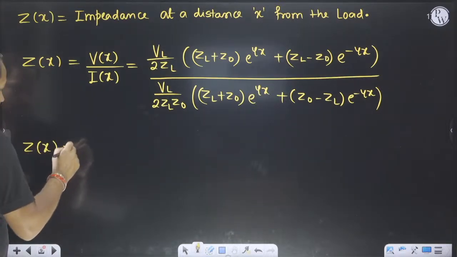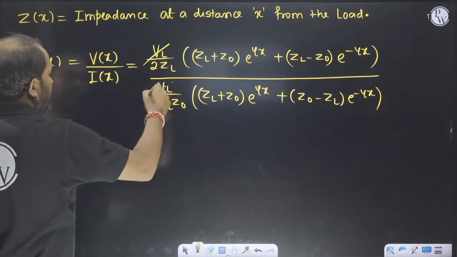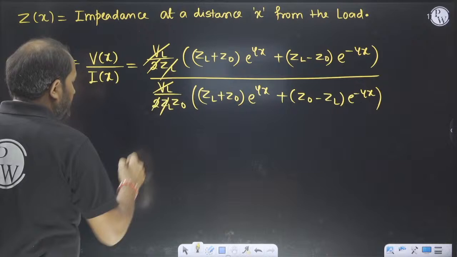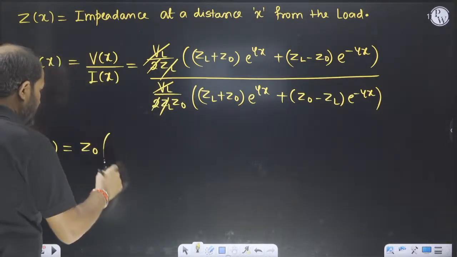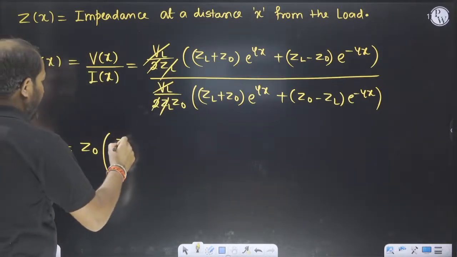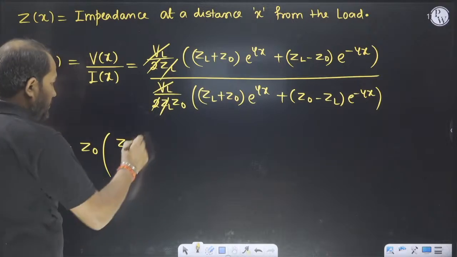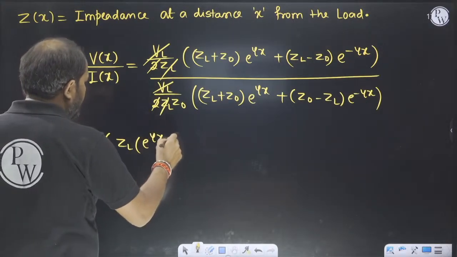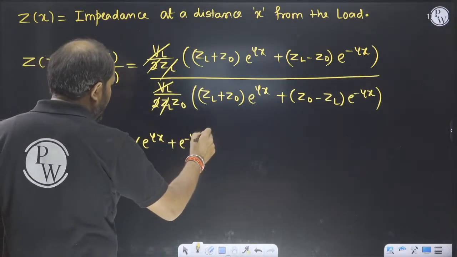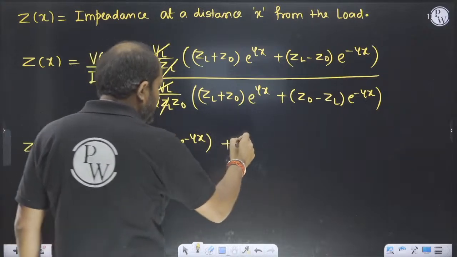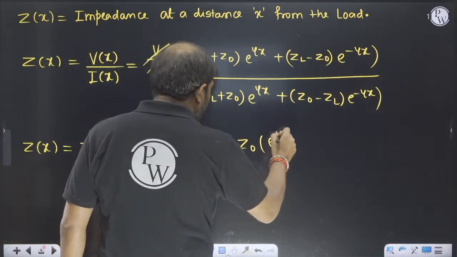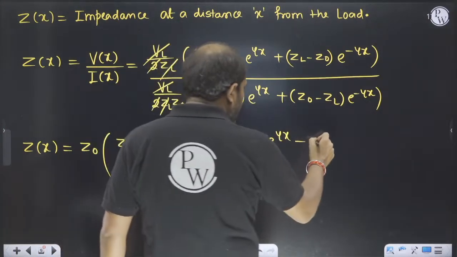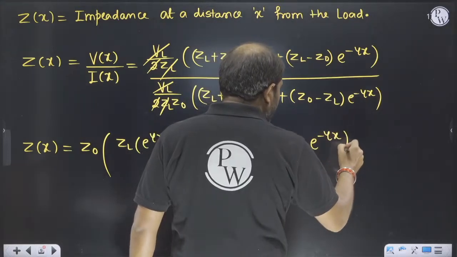So Zx will be: VL will be cancelled out, ZL will be cancelled out, so it will be Z0, and I will take common ZL, so it would be e to the power gamma x plus e to the power minus gamma x, and this one is Z0 times e to the power gamma x minus e to the power minus gamma x.